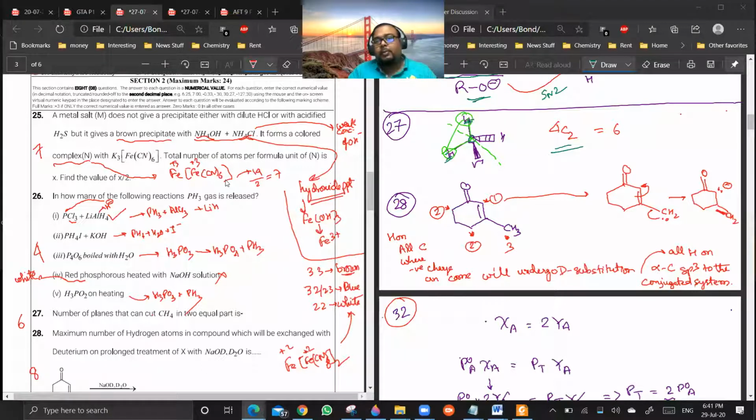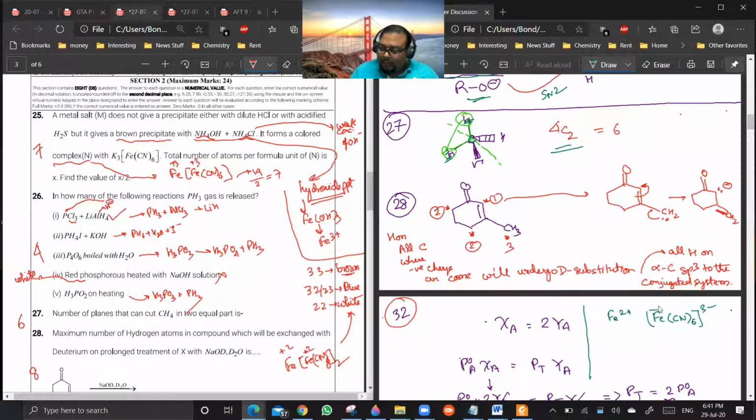Do you remember the Turnbull's blue and Prussian blue formulas? Yes, no? No, sir. See, it is very simple. You have Fe2+ and you have [Fe(CN)6]3-. If it is 2,3, it is Turnbull's blue.